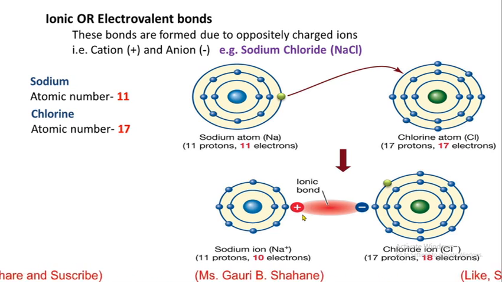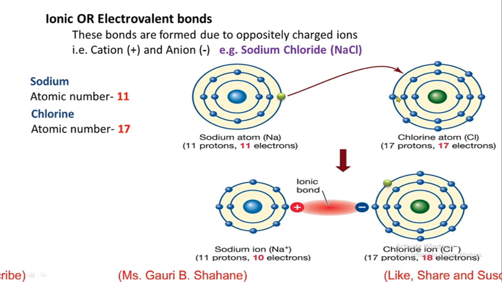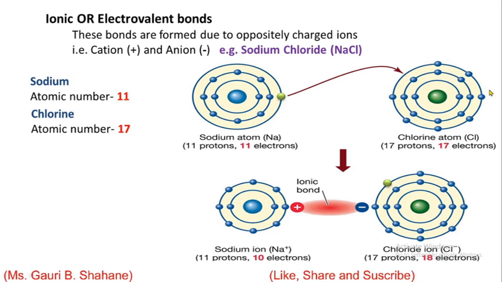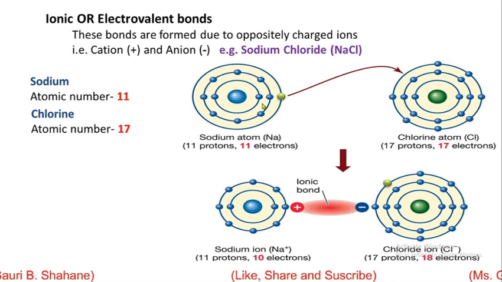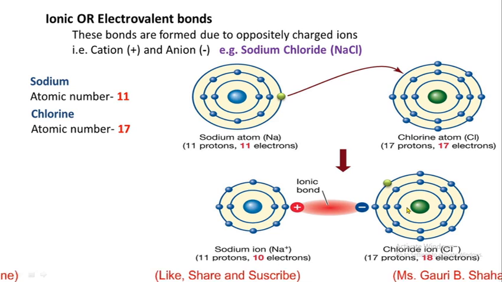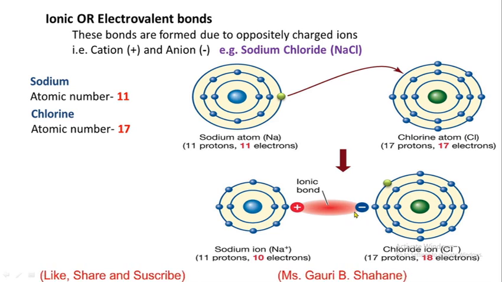Oppositely, the chlorine atom has 7 electrons in its outermost shell, so chlorine receives the one electron lost by the sodium atom and converts into chlorine ion. Because it accepts the electron, it gets a negative charge.